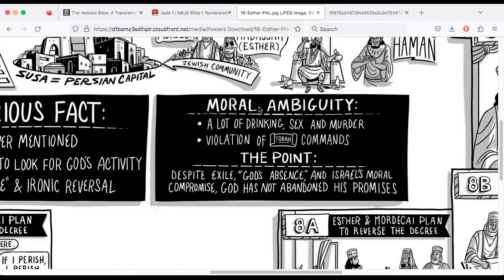And I think there are some issues with what Mordecai is doing. But the point is that despite the exile, not living in or near Jerusalem, God's absence, and Israel's moral compromise, God has not abandoned his promises. He's keeping his promises to his people.